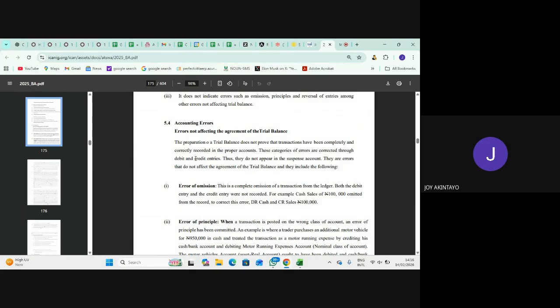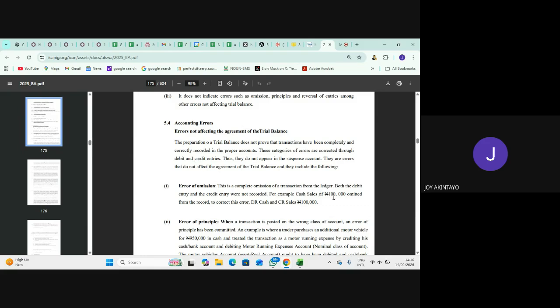Error of omission is a complete omission of a transaction from the ledger. By mistake while recording, you ignore the transaction while posting into your ledger. For example, a cash sales of 100,000 naira omitted.